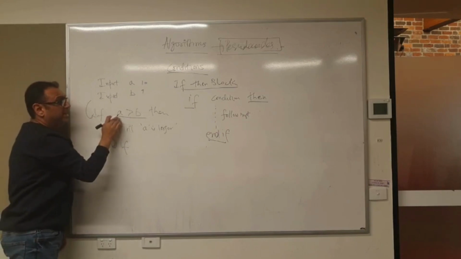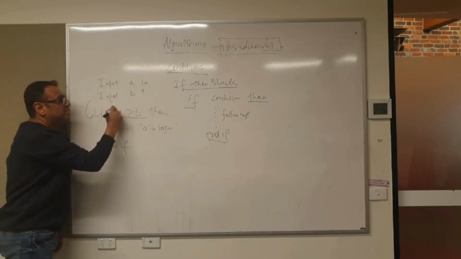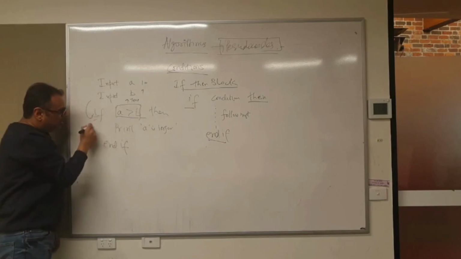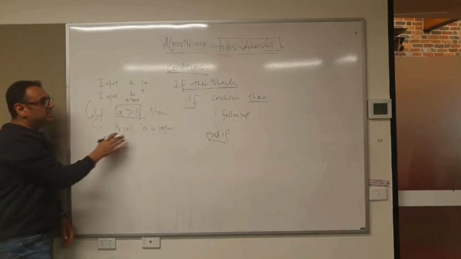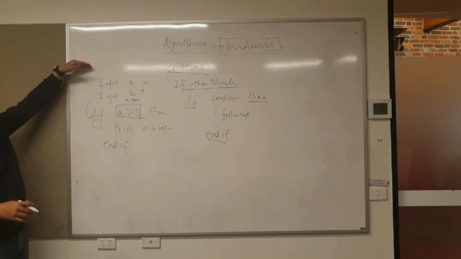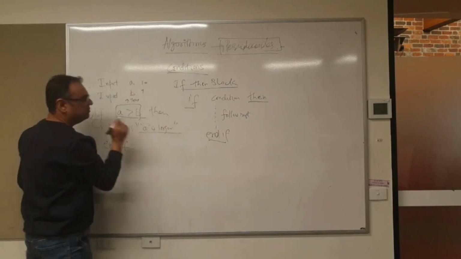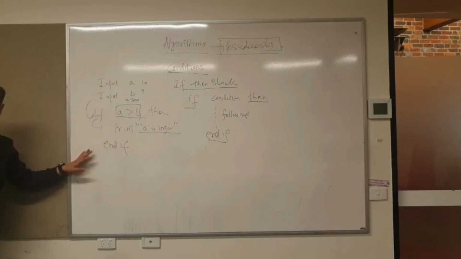So if A is greater than B, yes, it is. So if this condition is true, it goes inside the condition. And it says print A is larger. So on the screen, you will see A is larger. And then end if. Right? That's how you use the if then.